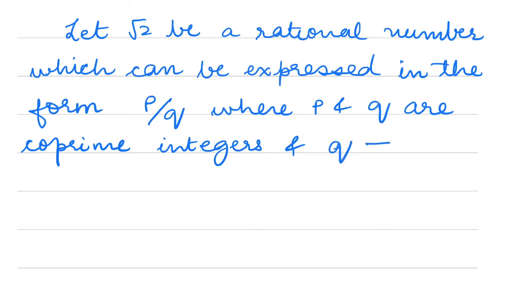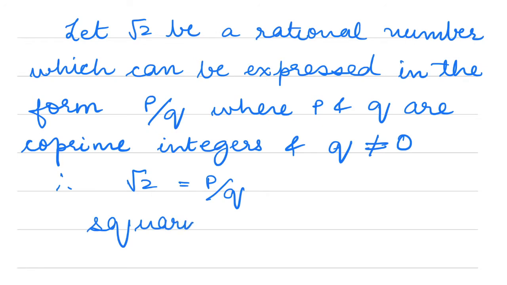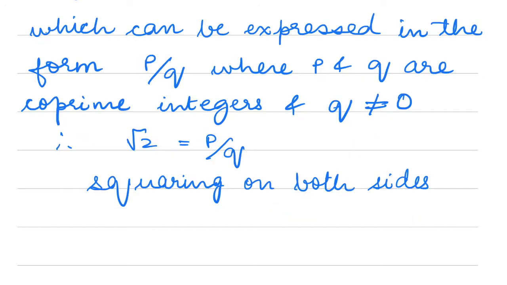And Q is not equal to 0. Therefore, we can write down root 2 is equal to P by Q. Now squaring on both sides. We get 2 is equal to P square by Q square.